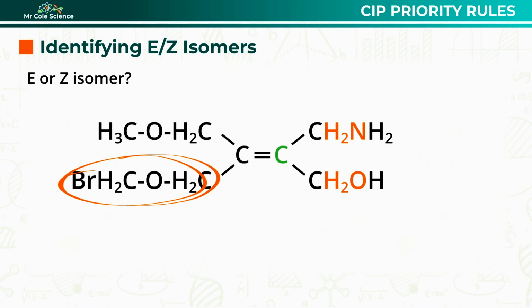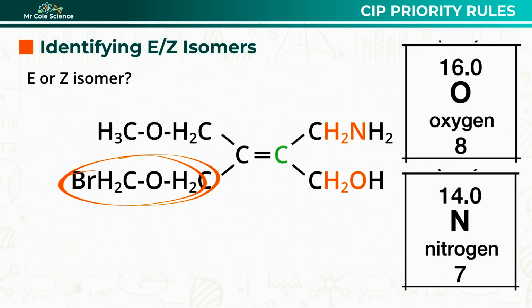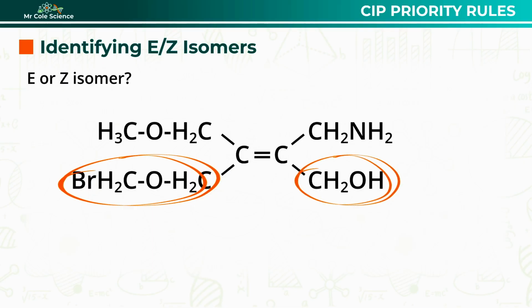We now have our difference, so we compare the atomic numbers for oxygen and nitrogen. It's close, but oxygen pips it with its atomic number of 8 compared to nitrogen's atomic number of 7. Therefore, the group containing the oxygen atom becomes our priority group for this side of the molecule. And again, if you look closely, both of these groups have the same length of chain too.